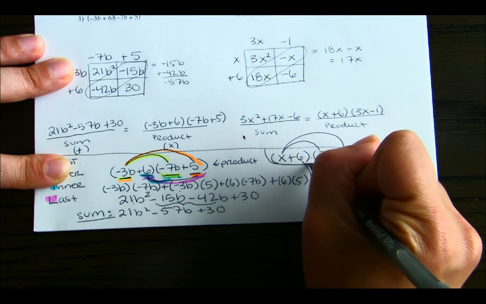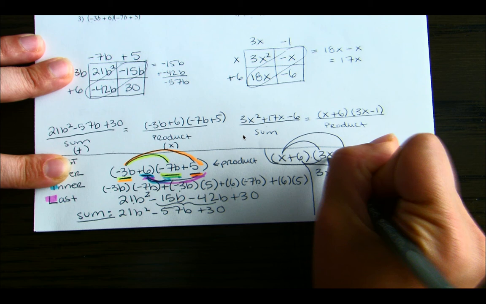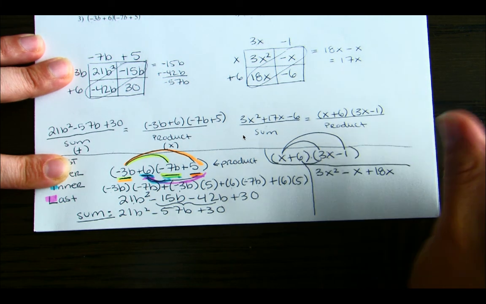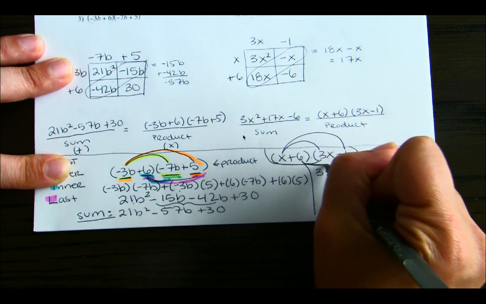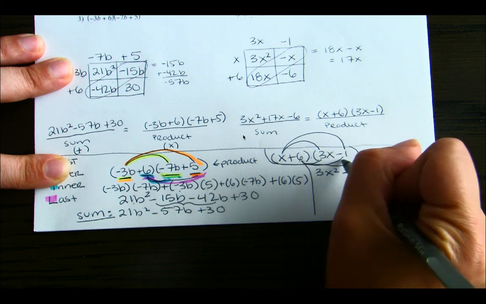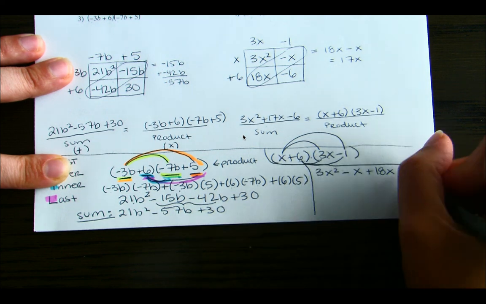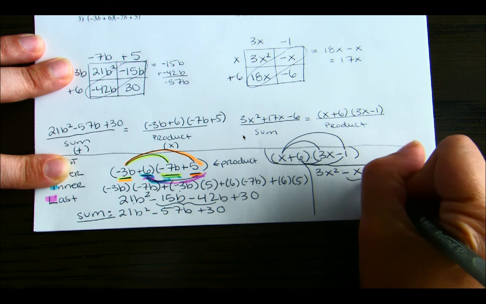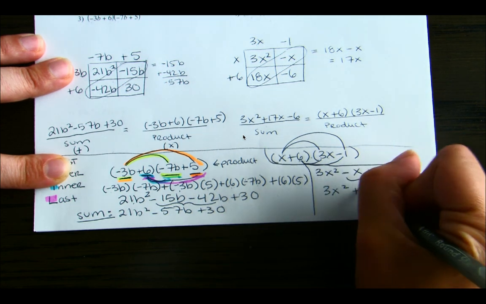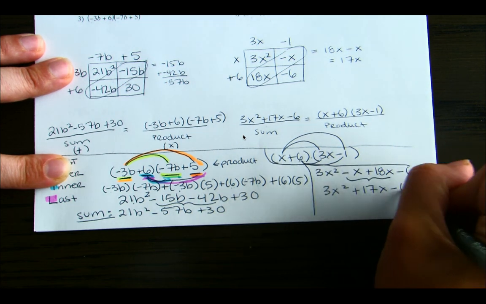Then I have inner, so I have 6 times 3x, which is 18x. And I have 6 times -1 as last, which is -6. So now I combine like terms: 3x squared plus 17x minus 6.